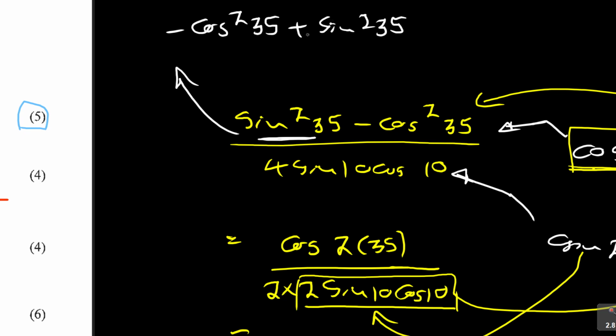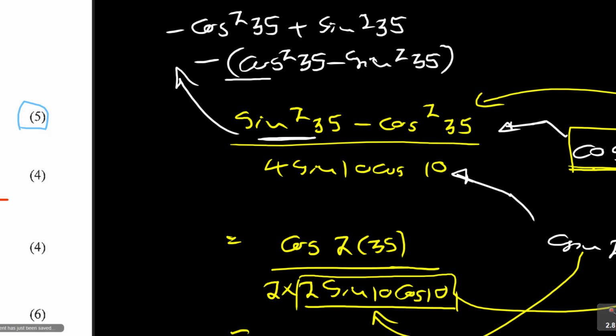That's how it was supposed to be first of all. Then you take minus, put a bracket. When you factorize it, then you'll have cos squared 35 minus sine squared 35. That's how it was supposed to start. Then you say over, you've got 4 sine 10 cos 10. So there is our negative. That's how it was supposed to start.